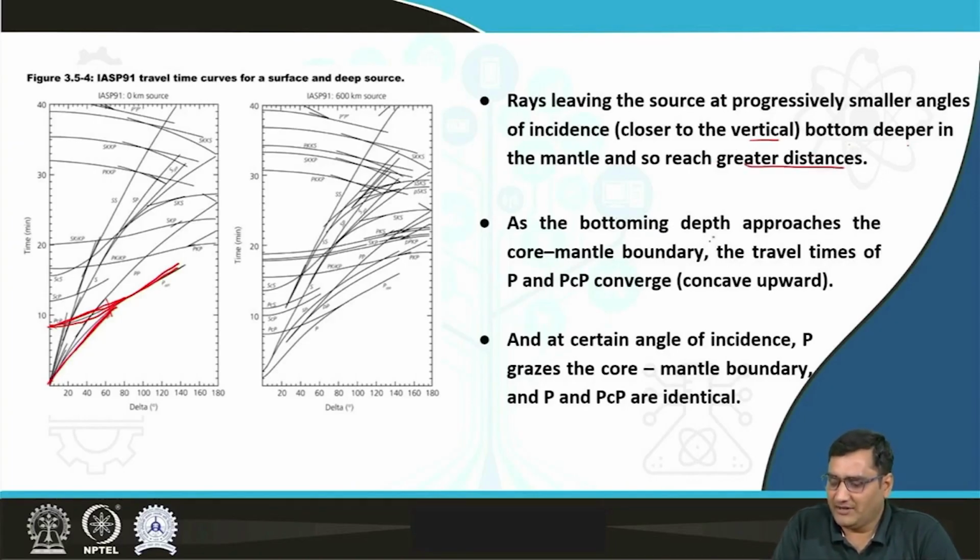As the bottoming depth approaches the core-mantle boundary, the travel times of P and PcP converge. That means PcP has a concave upward travel time curve, and at a certain angle of incidence P grazes the core-mantle boundary and P and PcP become identical.